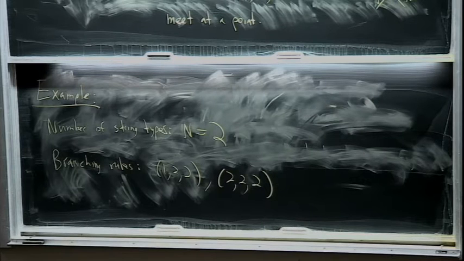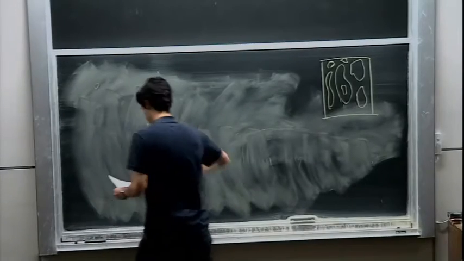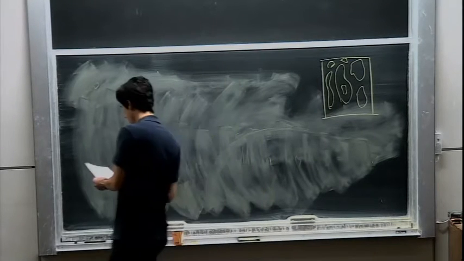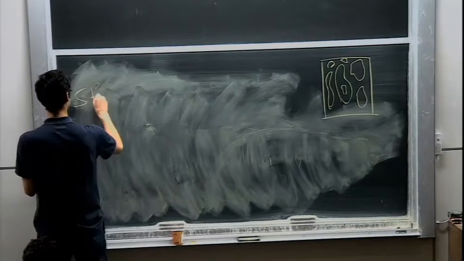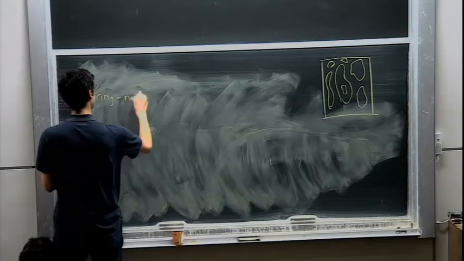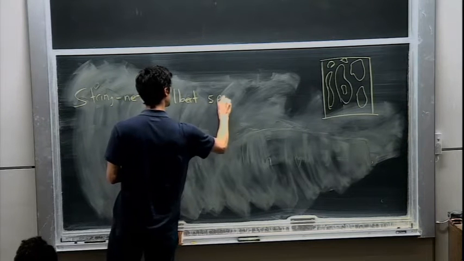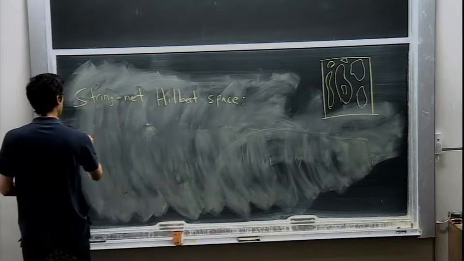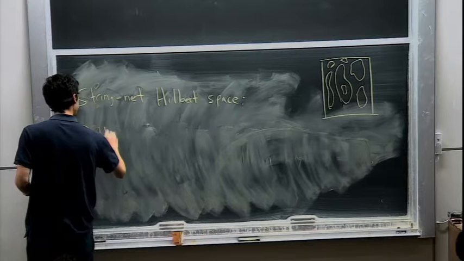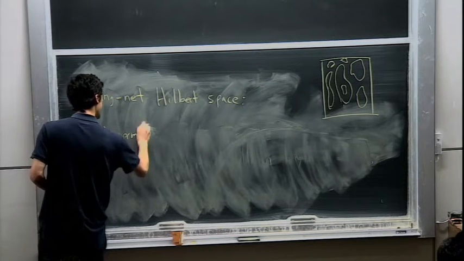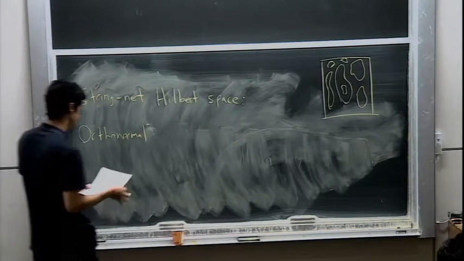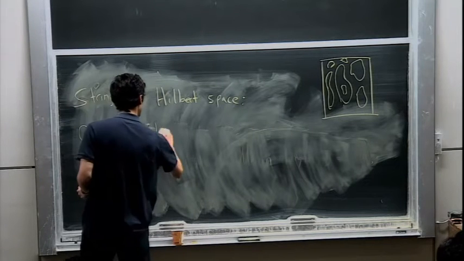I haven't yet talked about the Hamiltonian. So you can think of the string net Hilbert space: the orthonormal basis for that Hilbert space is the set of all string net configurations on the honeycomb lattice that obey the branching rules.